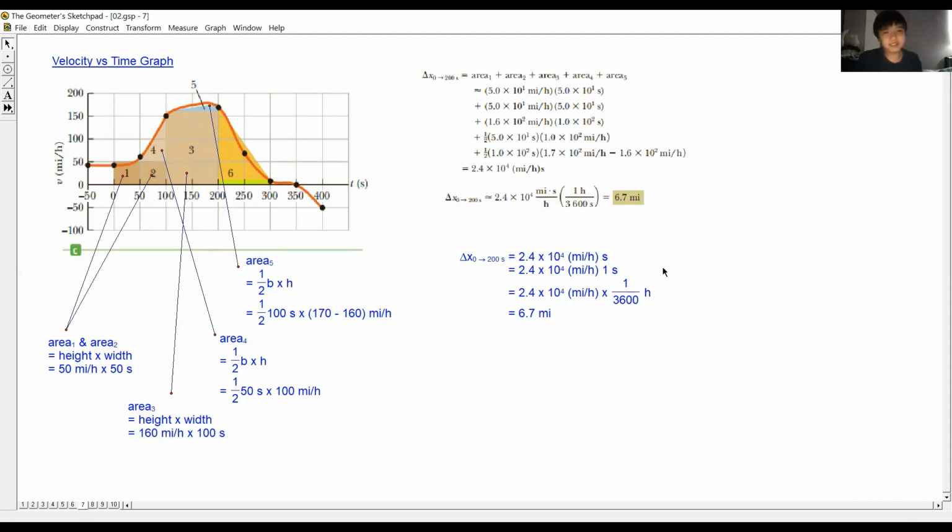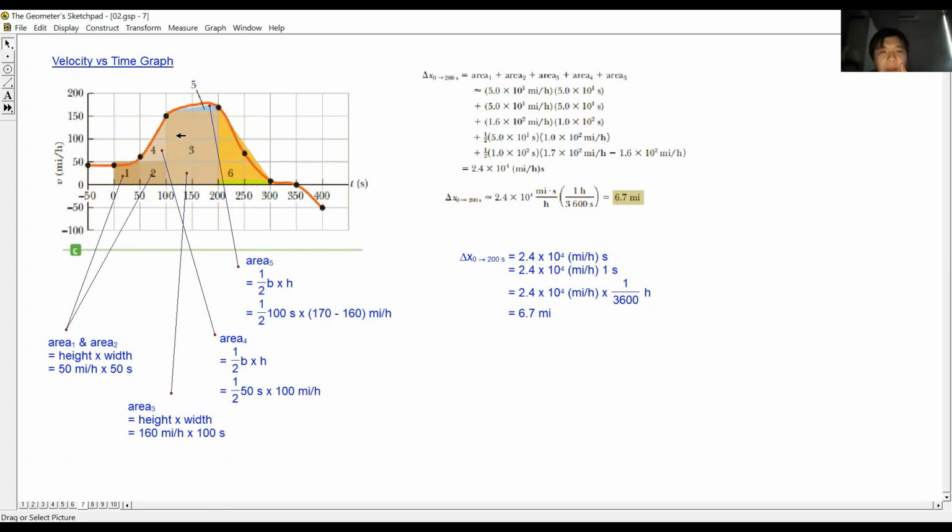Okay. Now, in our last lesson, we saw that for the velocity-time graph, the area under the curve shows the distance traveled, or they call it the difference in displacement, delta x. And we have found the delta x from 0 to 200.